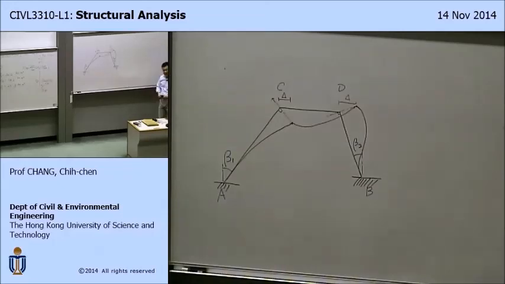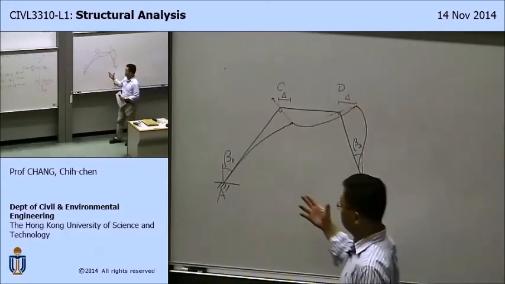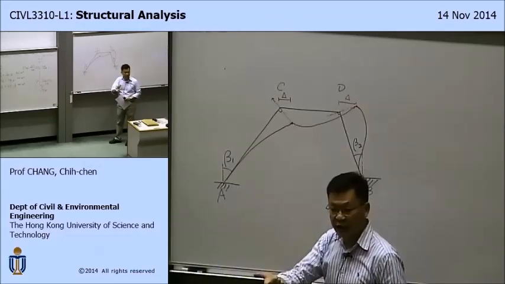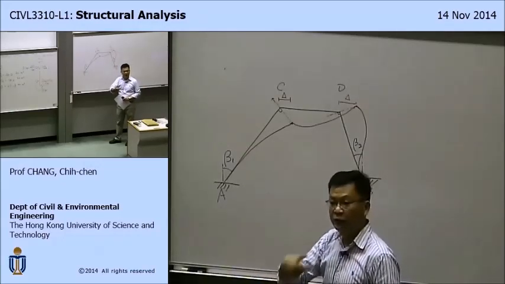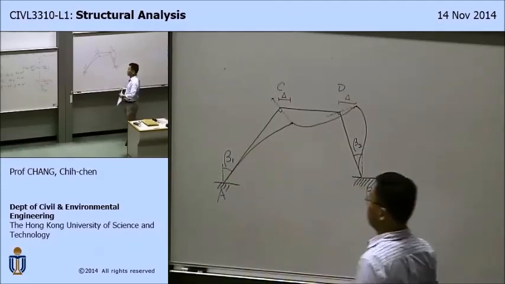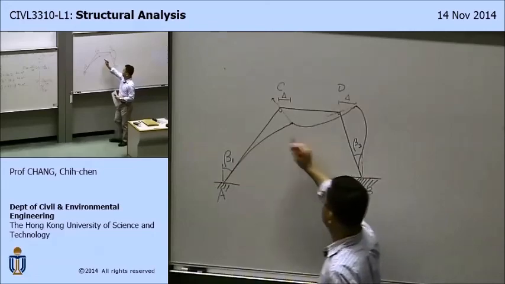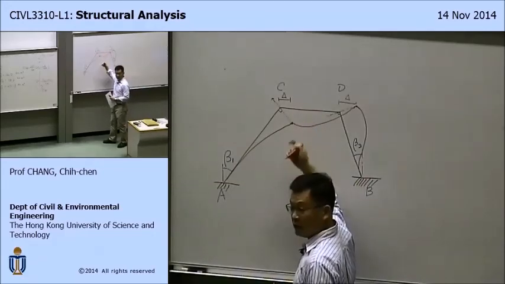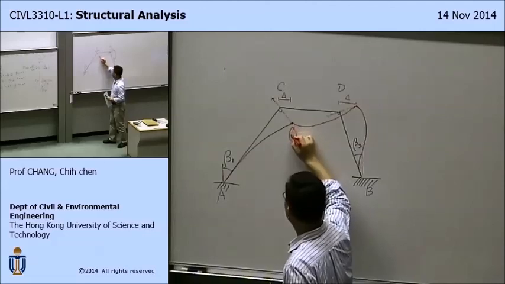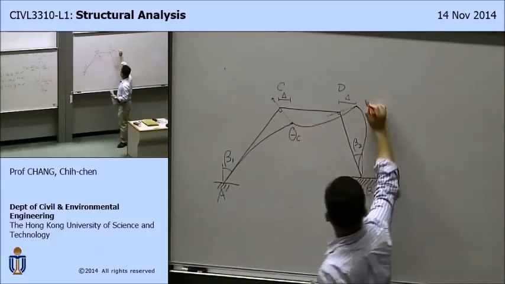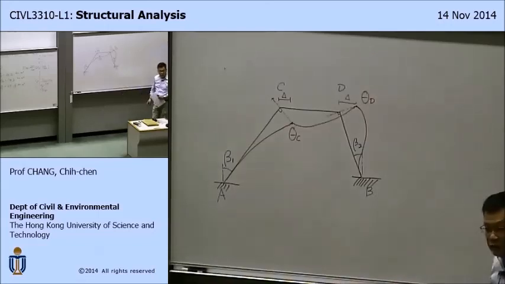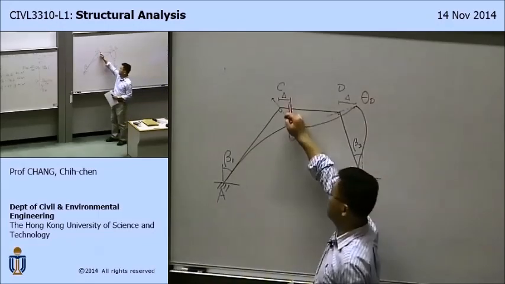From there, I just want to show you that our unknowns are rotation angles and rigid body rotation, right? If this is your problem, then you'll be expecting to see rotation angle C and rotation angle D, two unknowns, plus this translation.